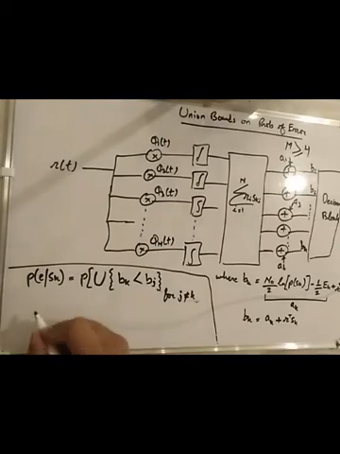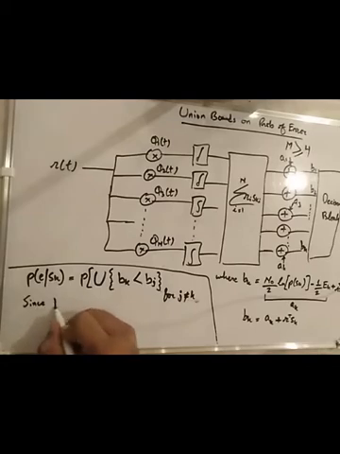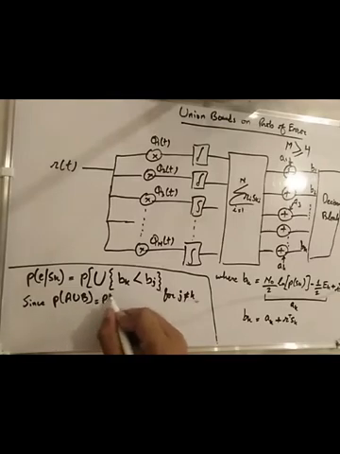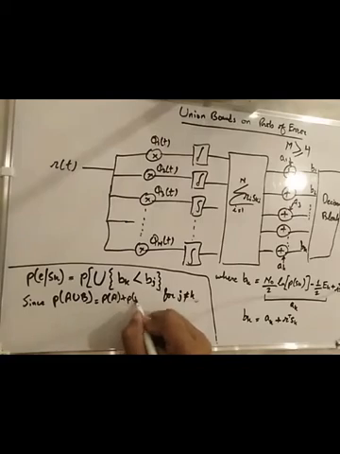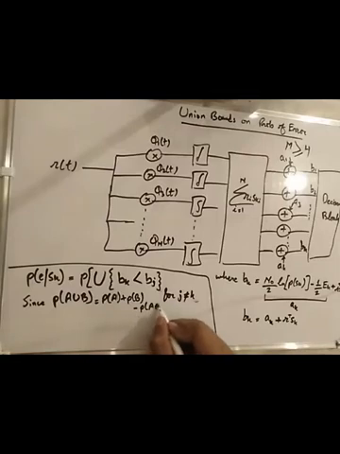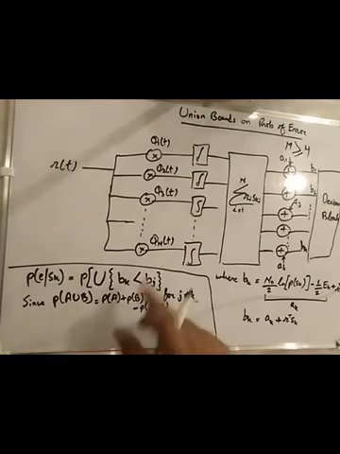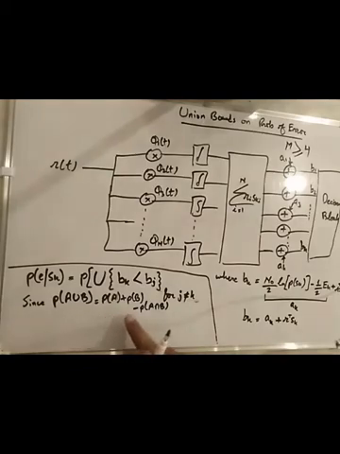Since you know from probability theory that the probability of the union of two events, A union B, is equivalent to probability of A plus probability of B minus probability of A intersection B, we can apply the same formula in our problem, since we also have the union of all the error events.